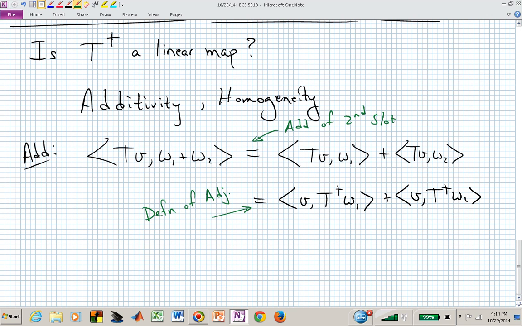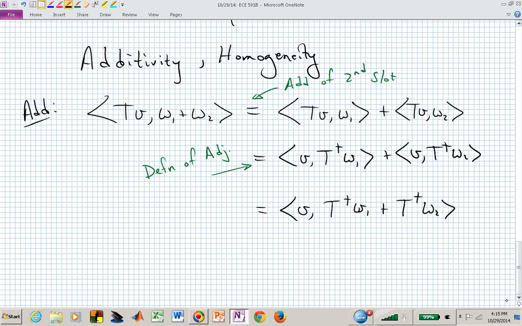Now we have the sum of two inner products, and the first slot's the same. We can do the additivity of the second slot again, and we now have V with T dagger W1 plus T dagger W2. But what do we know that the original left-hand side needs to equal?